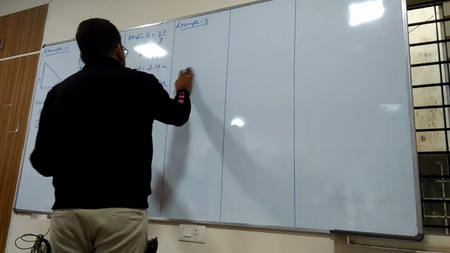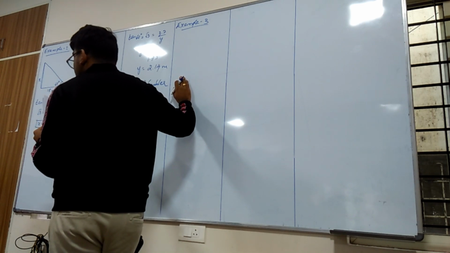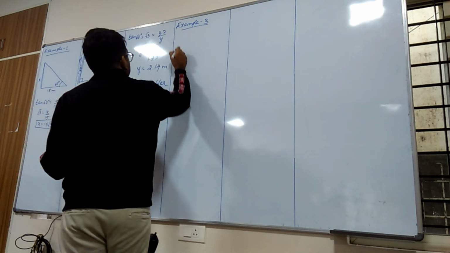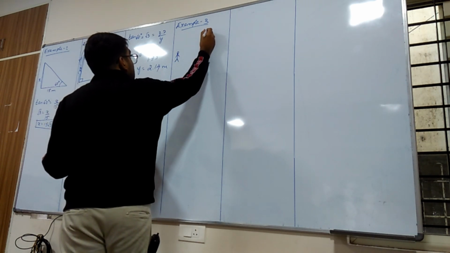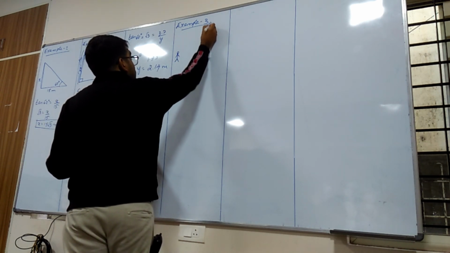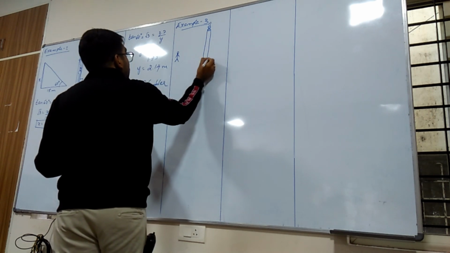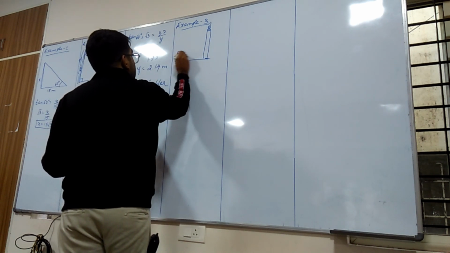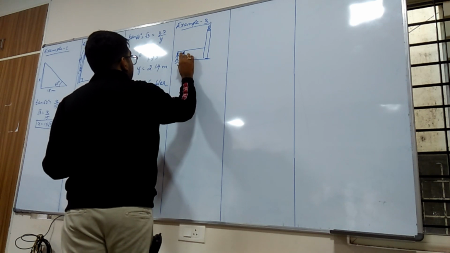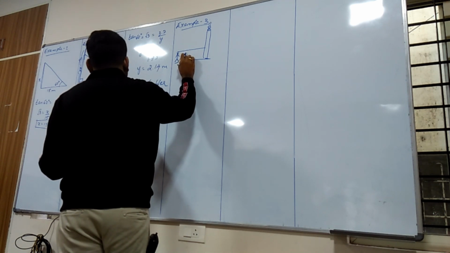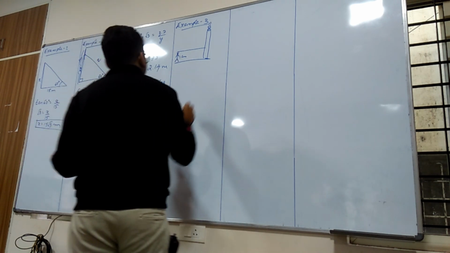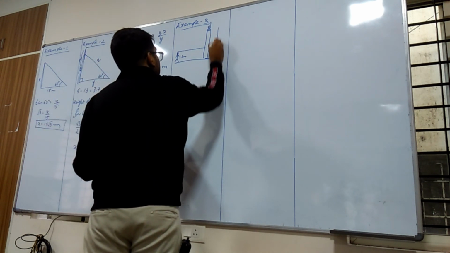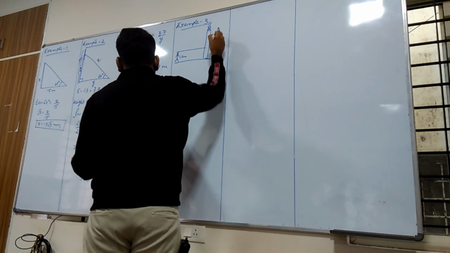So here they have given the height of the person. Here there is a person, and here there is a chimney. This is the line of sight and the horizontal line. This is given as 1.5 meters. We have to find the total height of the chimney.